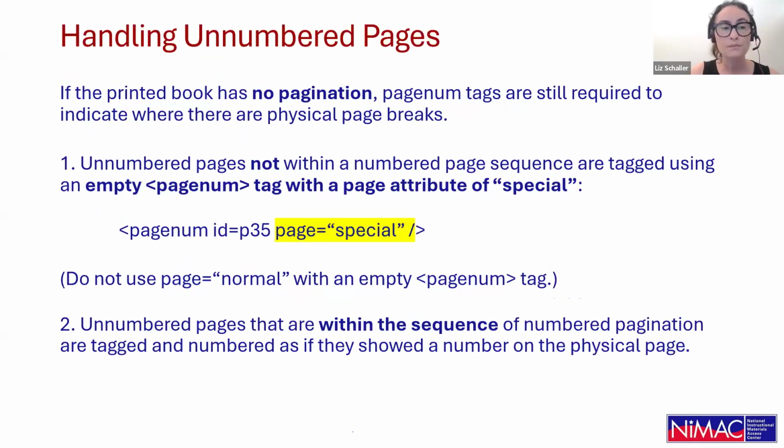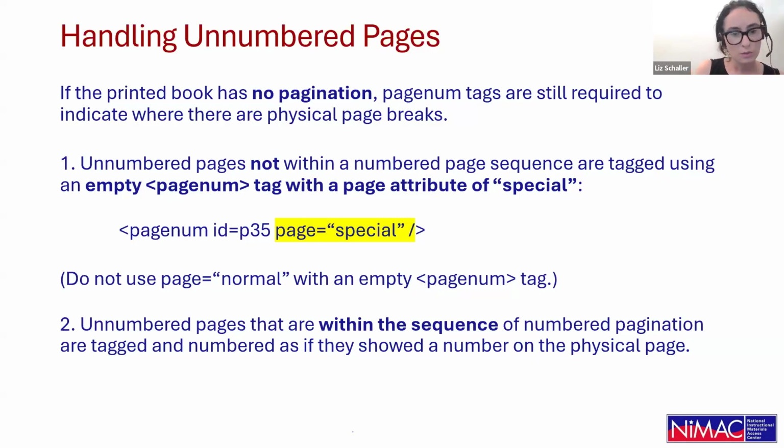If the printed book has no pagination, page num tags are still required to indicate where there are physical page breaks. Unnumbered pages that are not within a numbered page sequence are tagged using an empty page num tag with the page attribute of special. So again, those are unnumbered pages that are not within a numbered page sequence.